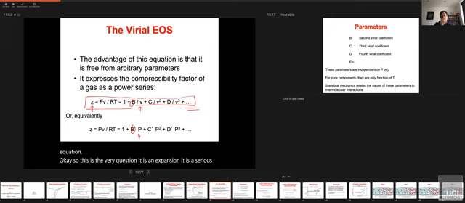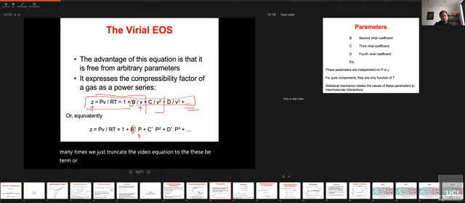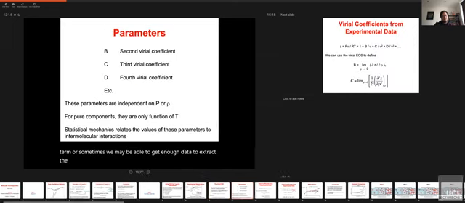The more terms we have, the better we are at describing all the properties of the mixture that we are considering. But of course, we will have limited accessibility to data. So many times we just truncate the virial equation to this B term, or sometimes we may be able to get enough data to extract the C term, right? So what are these B and C?